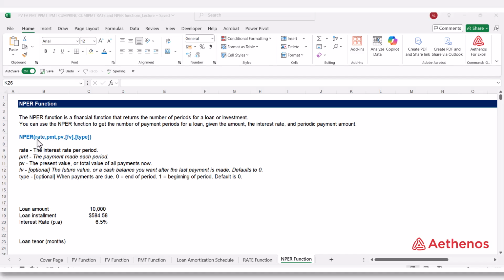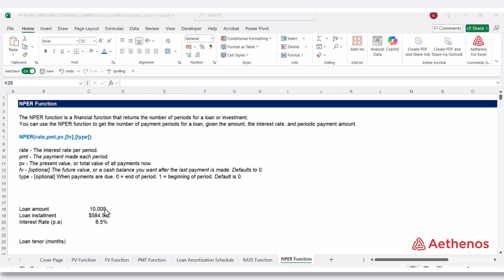The syntax is rate, PMT, present value, future value, and then there's the type for payments due at the end of the period or beginning of the period. All of the arguments are basically the same as those we have used in the other time value functions.